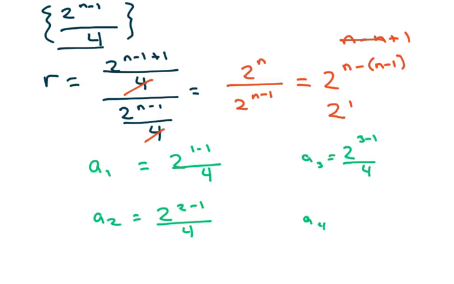And a sub 4 would be 2 to the 4 minus 1 all over 4. And when you simplify this, you're going to get 1/4. This is 0. Anything to the 0 power is 1. And this is going to be 1/2. This is going to equal 1. And this one's going to equal 2.